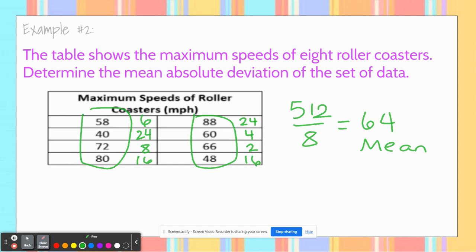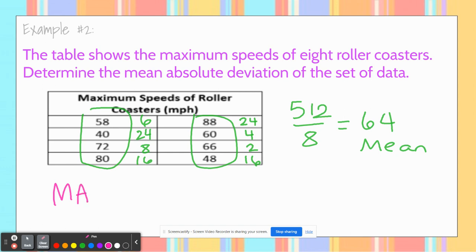Now we need to find the average distance. So what is the average of those distances? We're going to take 6 plus 24 plus 8 plus 16 plus 24 plus 4 plus 2 plus 16. That gives us a total of 100.